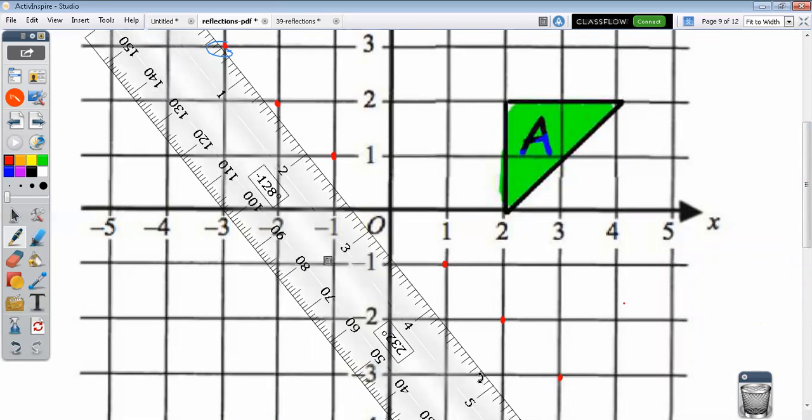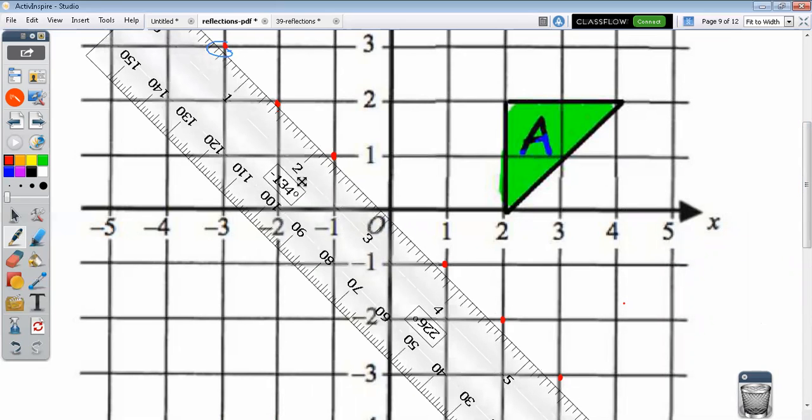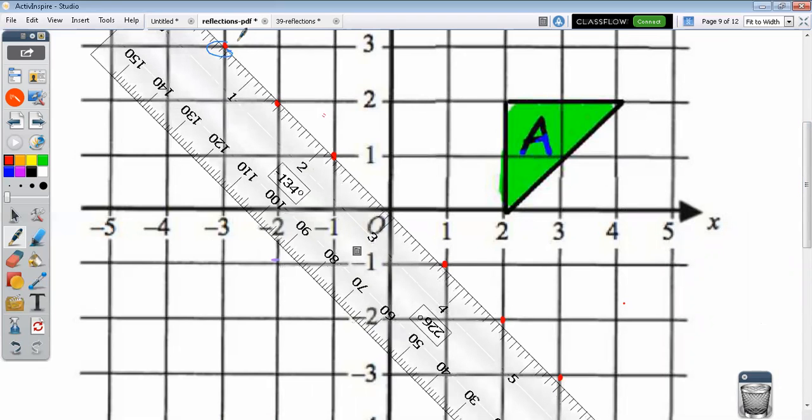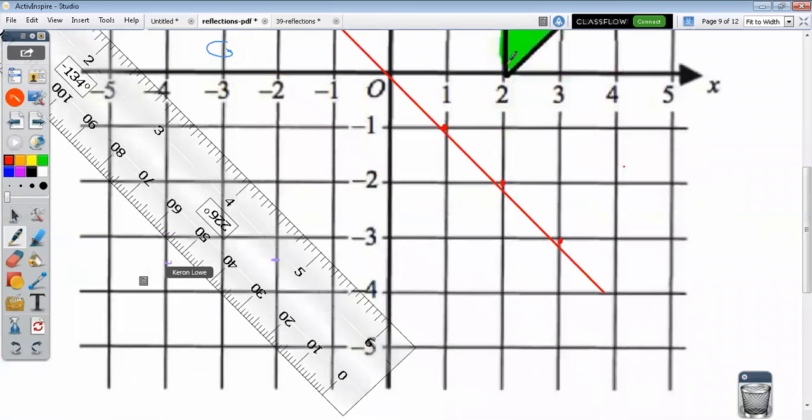Okay, might have missed slightly, but it's fine. Can someone tell me exactly where this point will be?